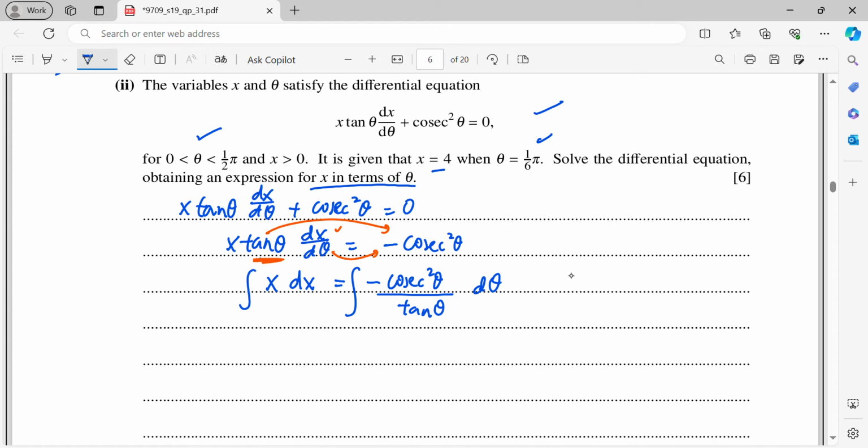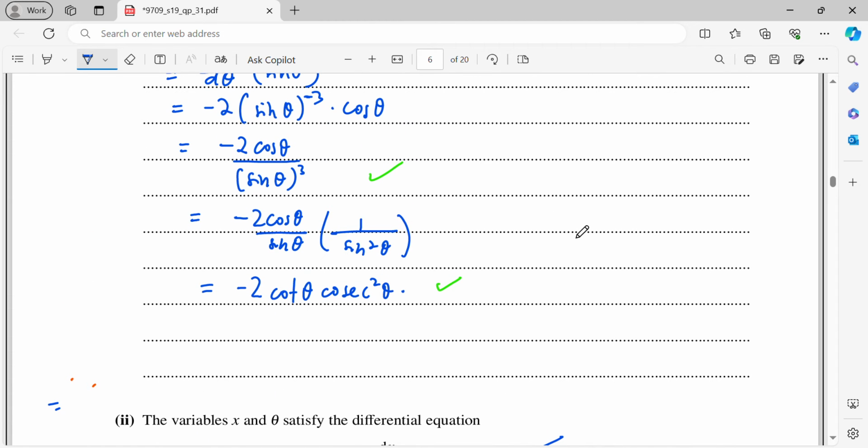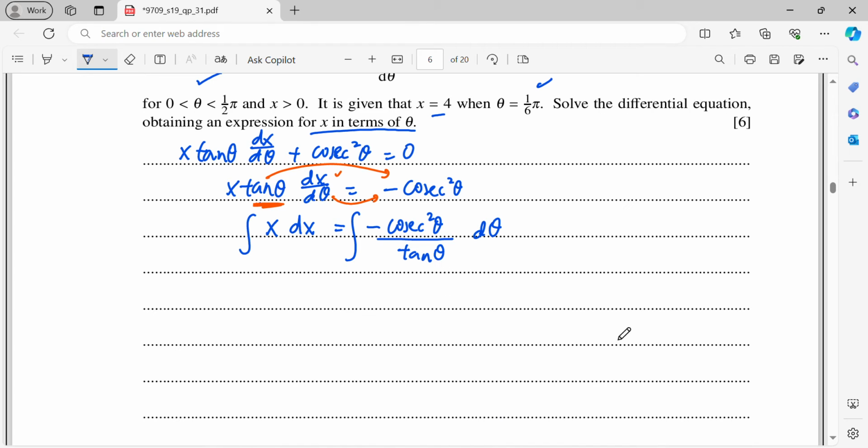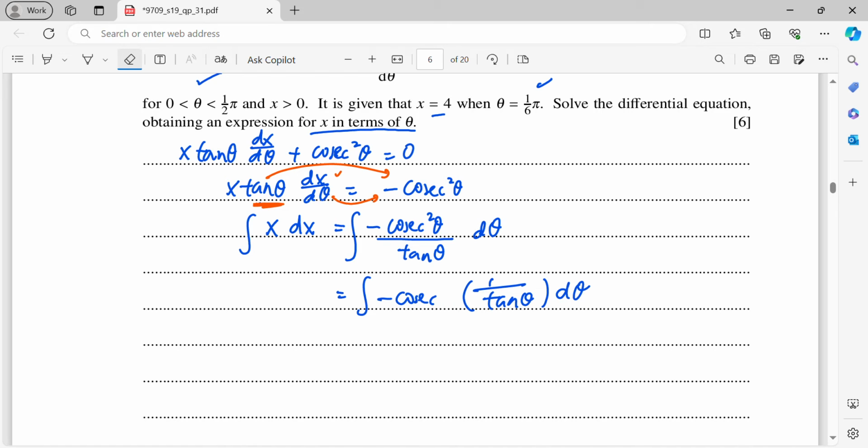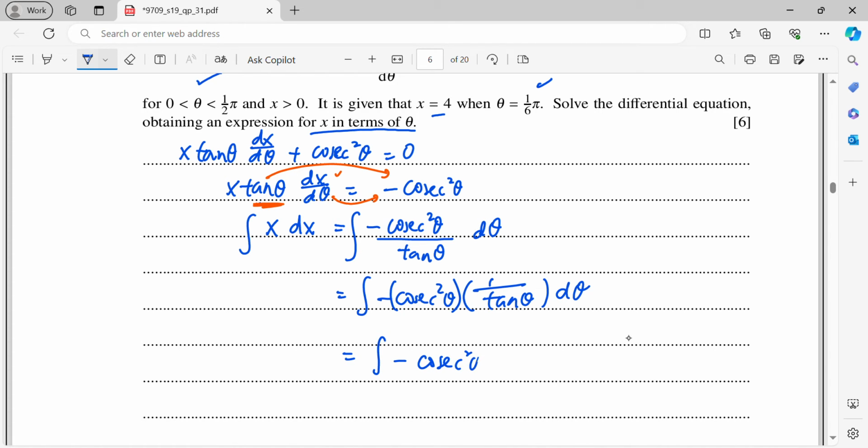For the right hand side, you need to integrate negative cosec squared theta over tan theta. We know that 1 over tan theta is basically cot theta, so this is negative cosec squared theta cot theta d theta.